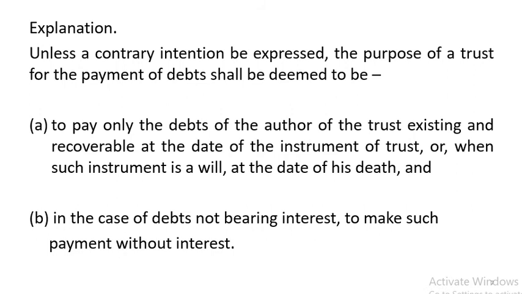For example, when a trust property is compulsorily acquired by the state under the Land Acquisition Act, there is no legal bar for the state to acquire any portion of the trust property.